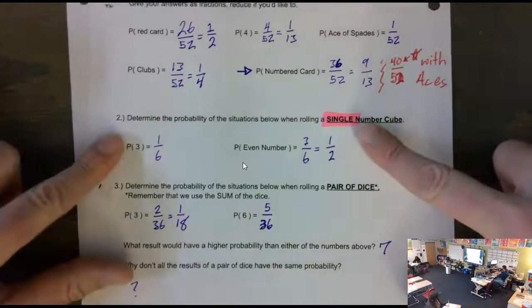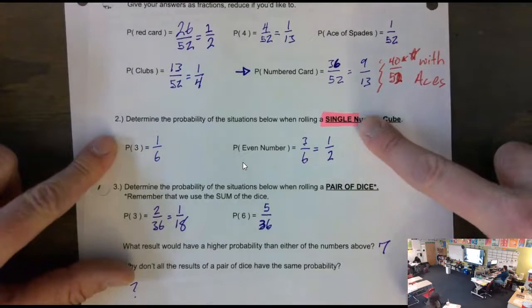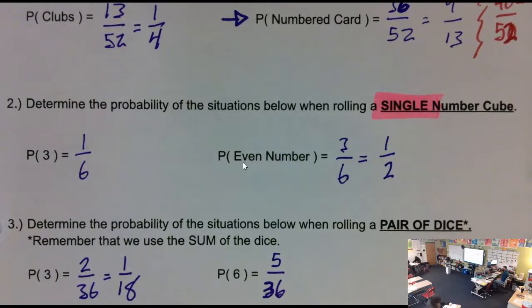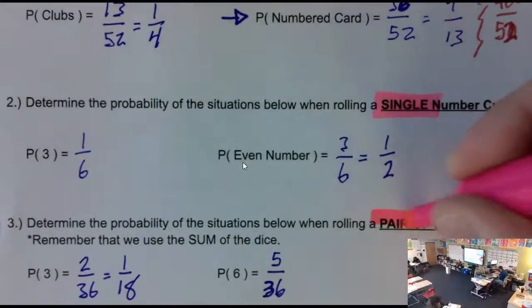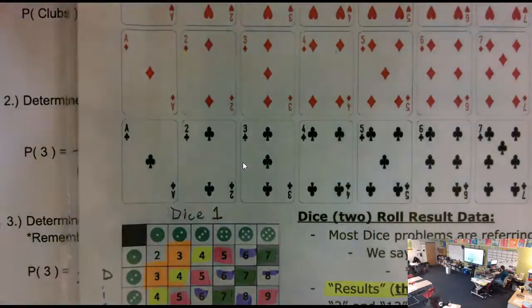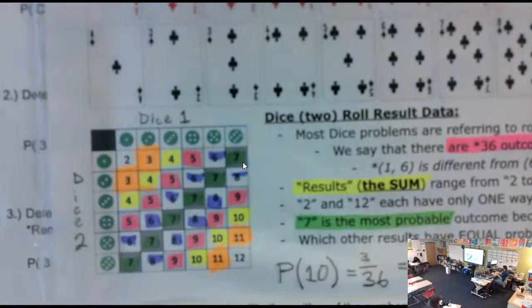Any questions on number 2? It's a single number cube. That's what messed with some of you guys. So then with a pair of dice in number 3, you could use our little table over here.